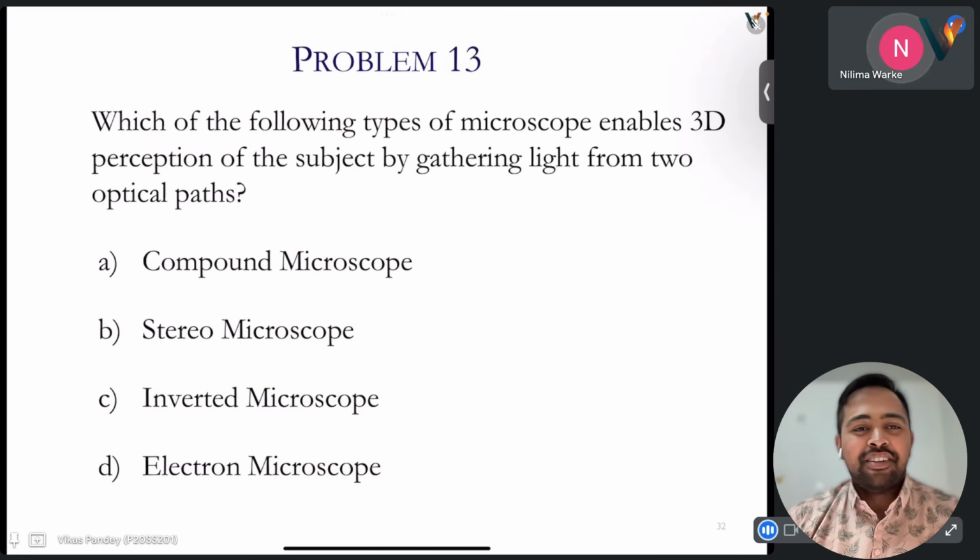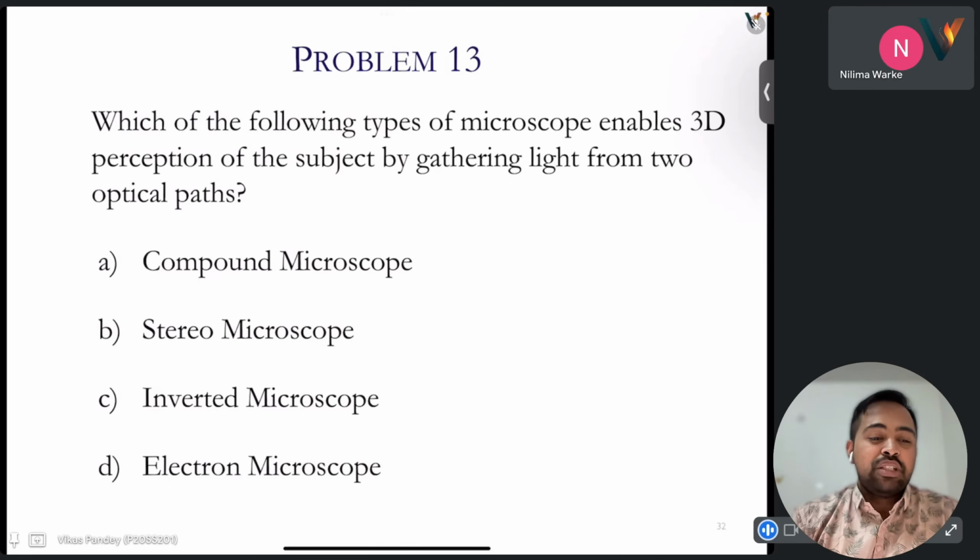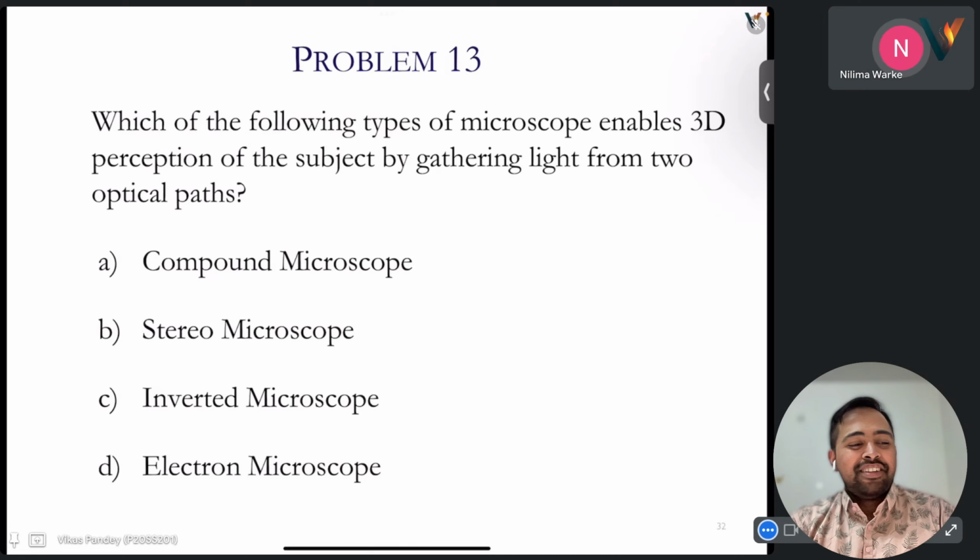We have very good technology, equipment and all, but still the problem is that we are importing all those equipments from outside.